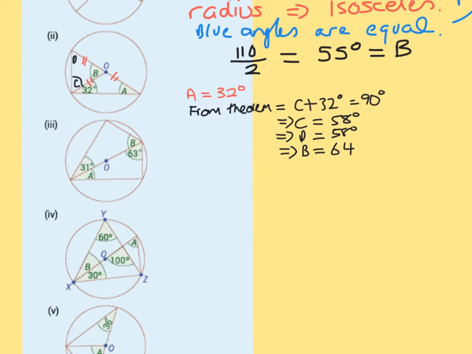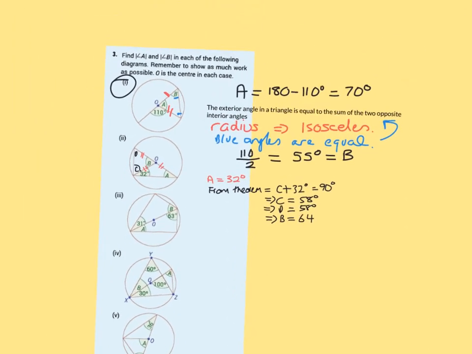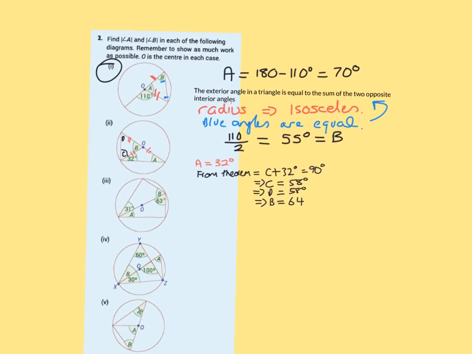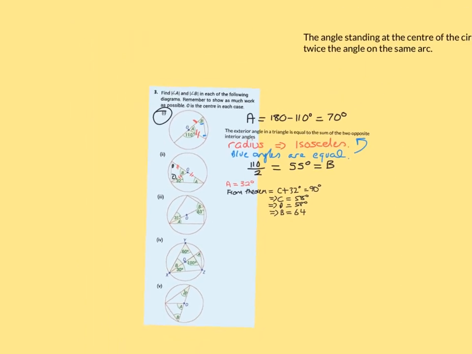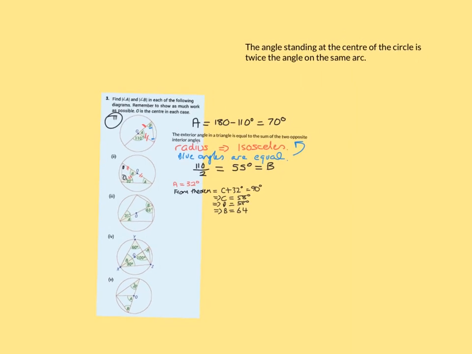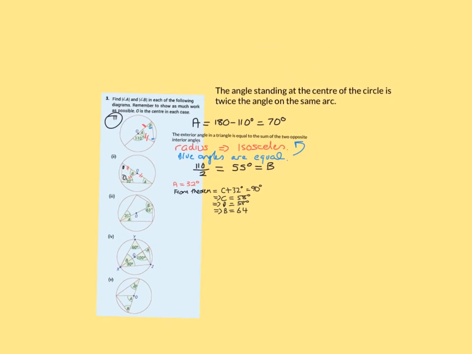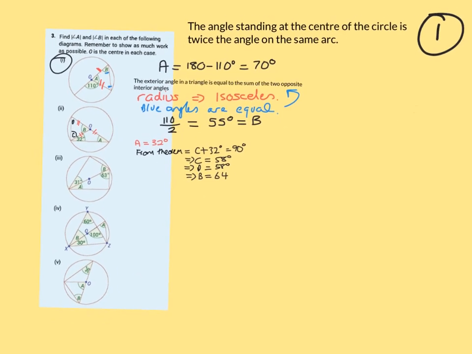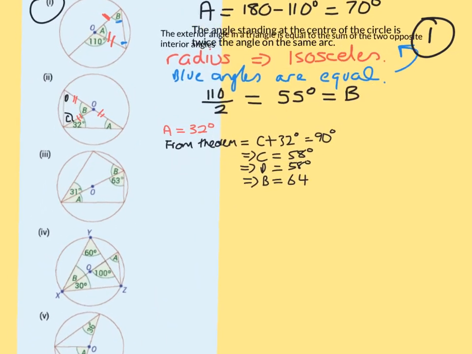This one here, what I can see is that here's the diameter. So now I can use my theorem. Oh, my theorem has disappeared. Where's my theorem? There we go. Let me bring it down here. I'm just going to put a number on that, I know it's not number 1, but just so you know what we're doing.